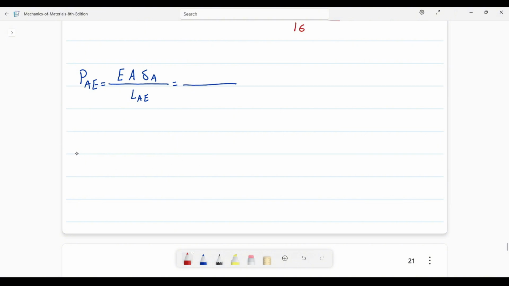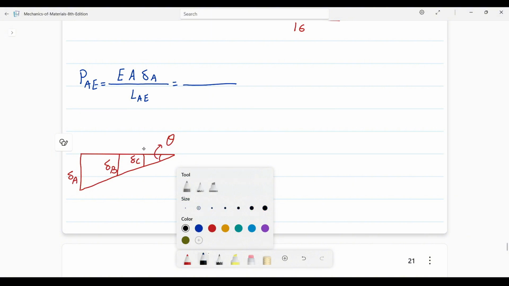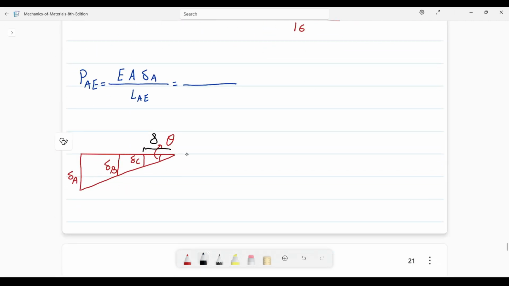According to the geometry of deflection, here we have a little deflection, and this is deflection of A, and here we have deflection of B, also deflection of C, and here we have theta, where every part of them is equal to 8 inch.